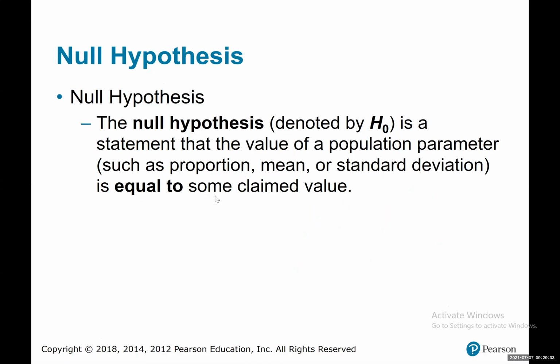Null hypothesis is a statement that the value of a population parameter, that could be proportion, that could be mean, and we don't deal with the standard deviation, is equal to some claim value. Always equality.